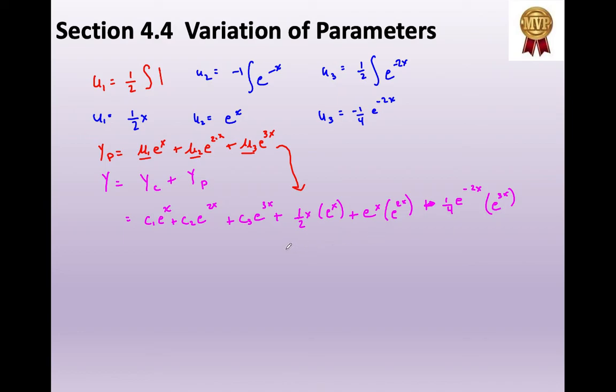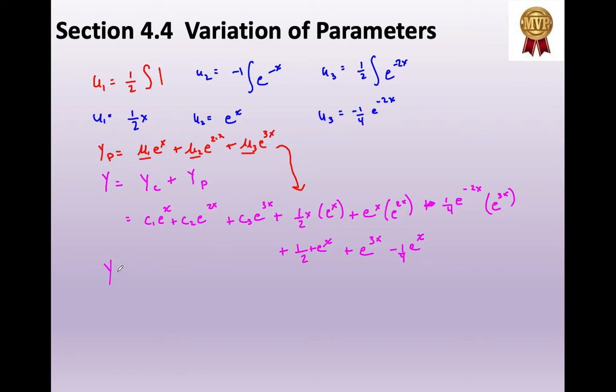Let's clean some of these up. 1/2 x e to the x plus, what is this? e to the 3x, and this is -1/4 e to the x, right? And then I just need to add my complementary.